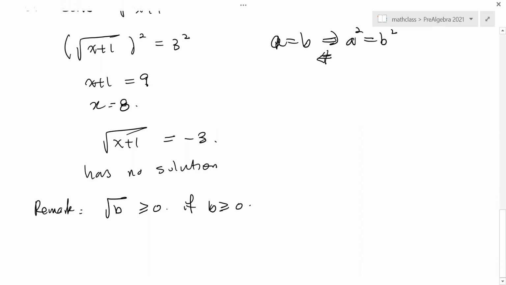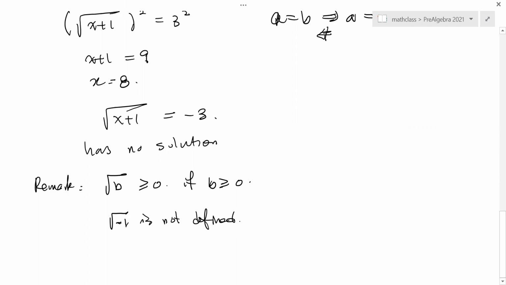We haven't defined the square root of a negative number yet. It's undefined, not a real number, so we're not going to study this.